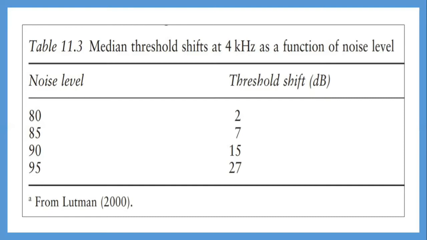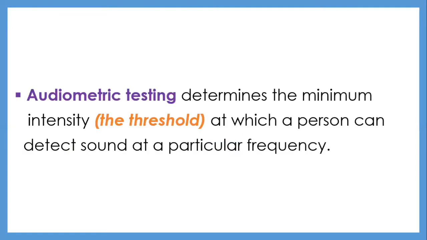Now, audiometric testing determines the minimum intensity, or the threshold, at which a person can detect sound at a particular frequency. Now, as sensitivity to particular frequencies is lost owing to age or damage, the threshold increases.